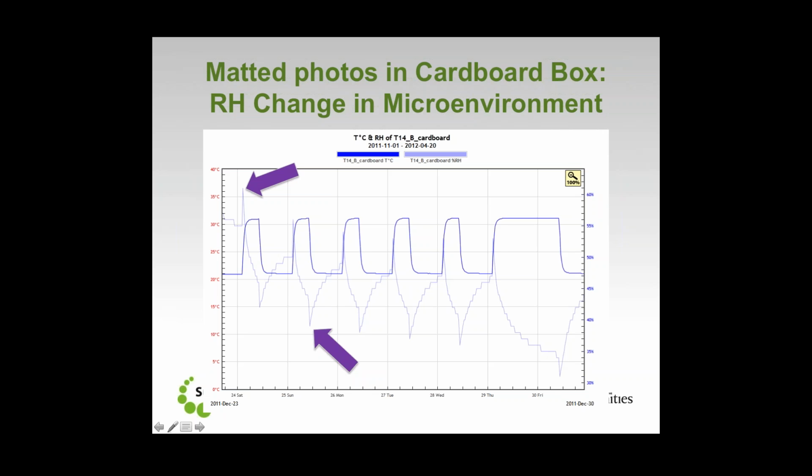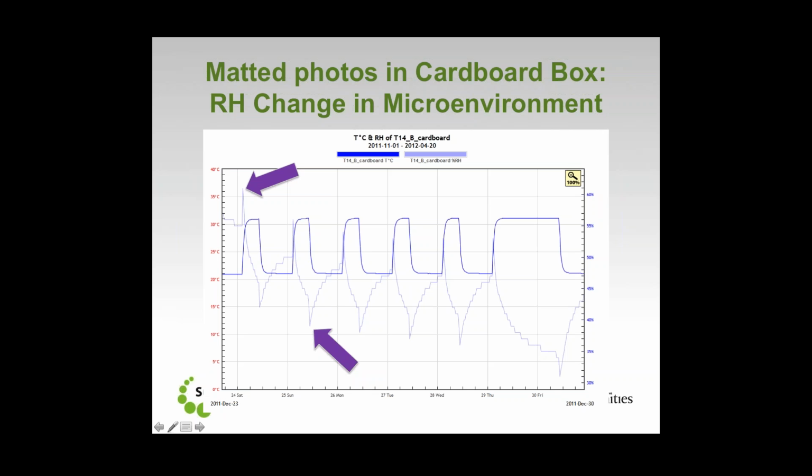We didn't ever get to the full RH equilibration that the macro environment felt, but the RH change was nonetheless fairly rapid. And if you go a little bit further down here in the graph, notice that by the time we spent, give or take, about 24 hours worth of a period of change, that full RH equilibration inside of the box was felt. So fairly quick, right? But there is a little bit of a delay, a little bit of a buffer going on.